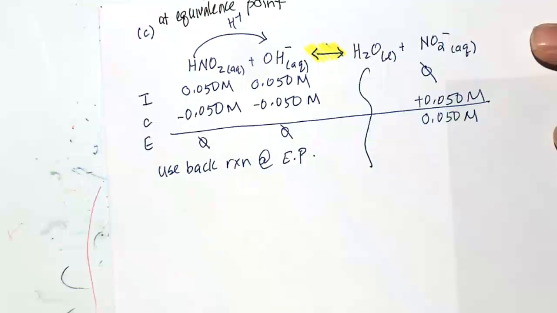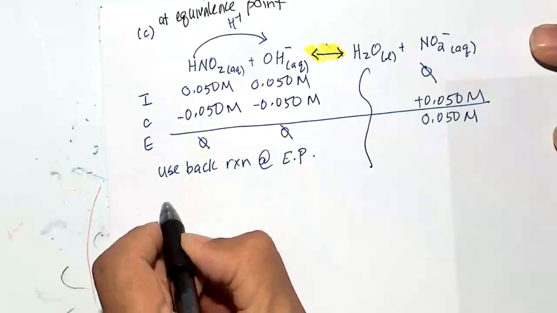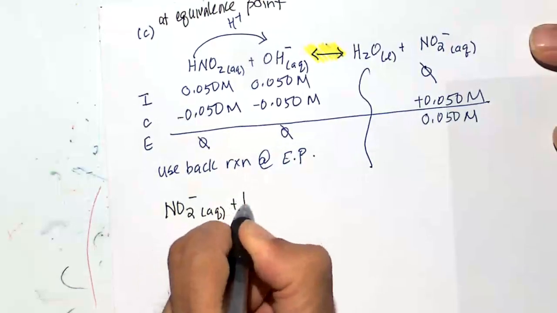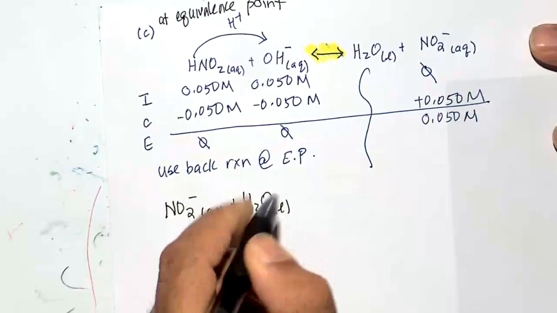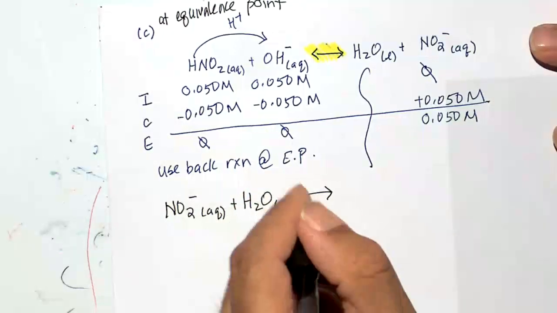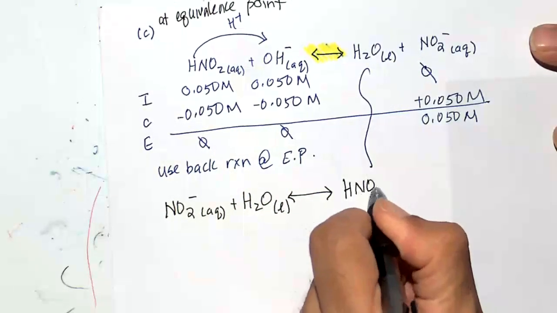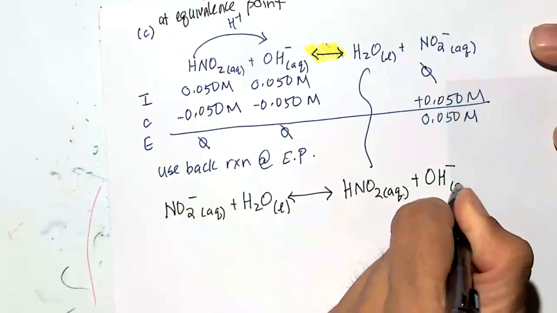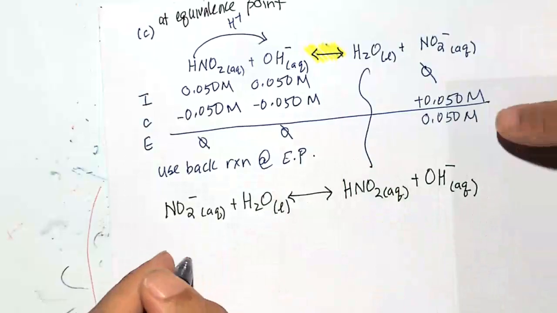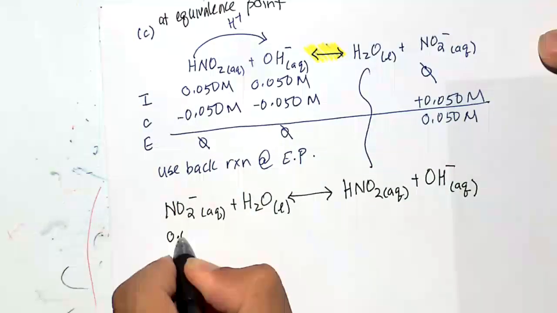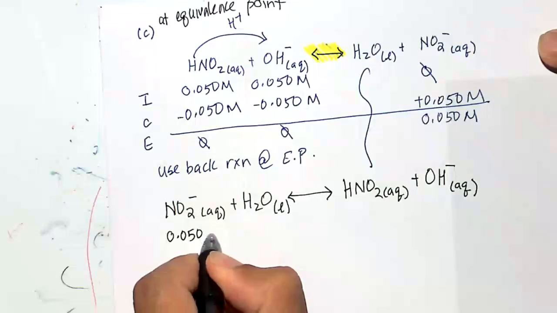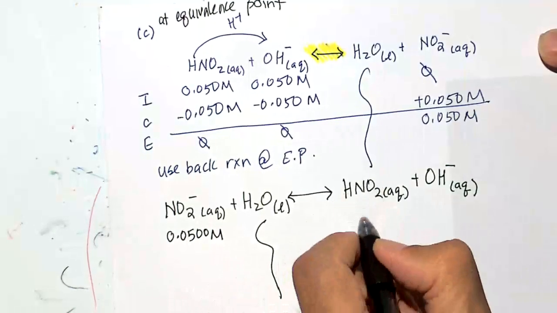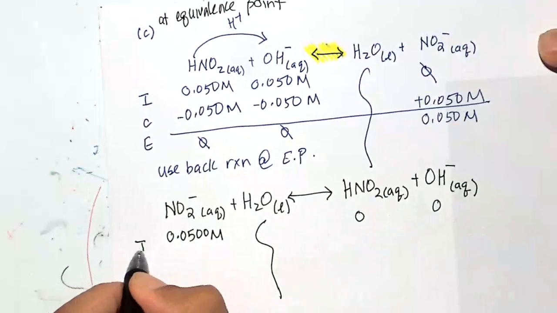The back reaction is NO2 minus goes to HNO2 plus OH minus. So this NO2 minus is going to be 0.0500 M. Don't care about the water. This is 0, 0.